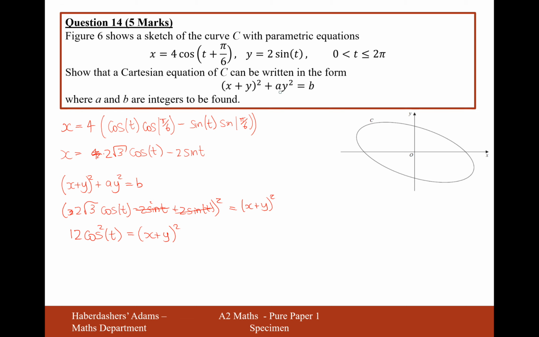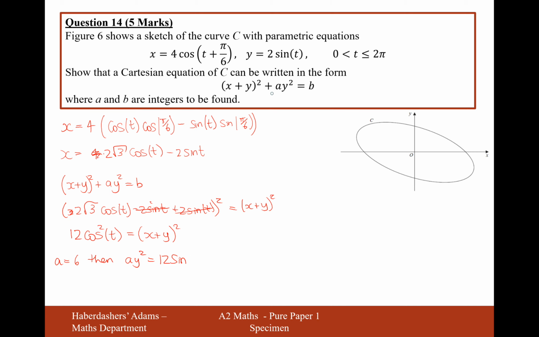Now, what we need is for something squared to add together to make something squared to equal just a numerical constant b. What I'm guessing is that we need something like cos squared plus sine squared equals 1 here, or some scalar multiple of that. So what I'm thinking is that a is going to be the number 6, and then b is going to be the number 12. So if I set a equal to 6, then a y squared is going to equal 6 times 2 is 12 sine.